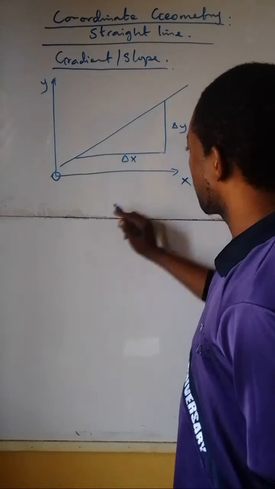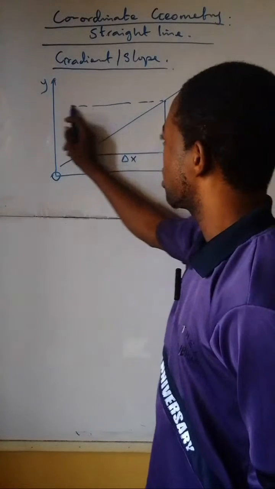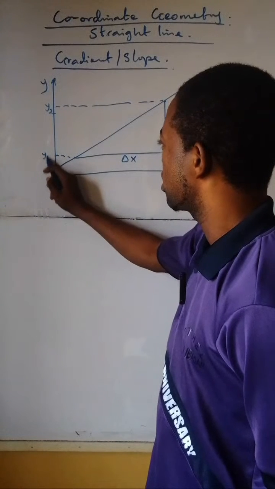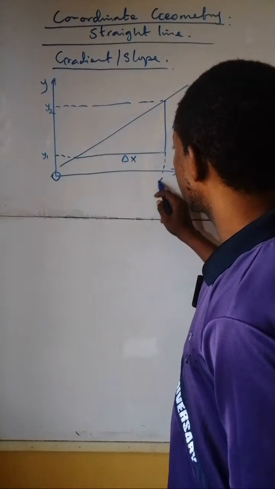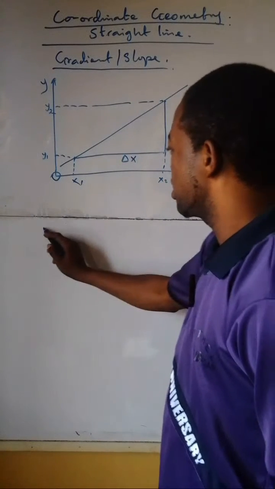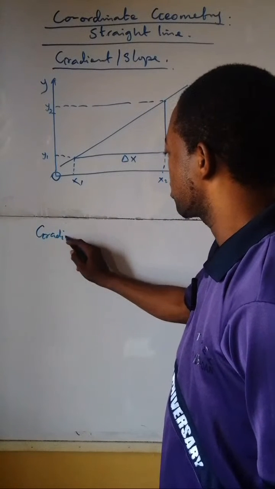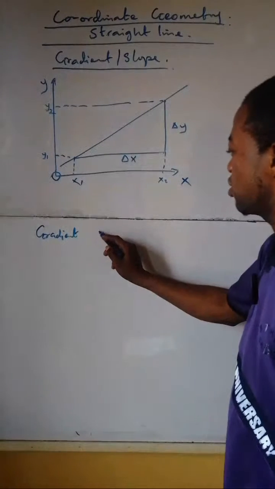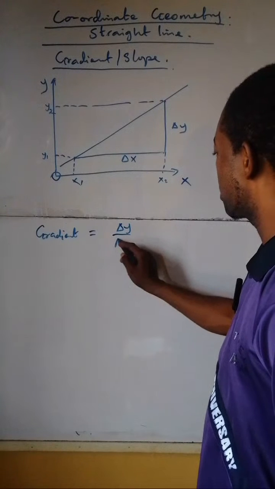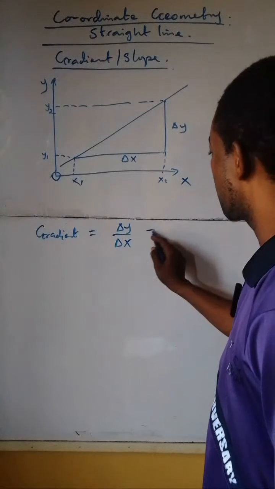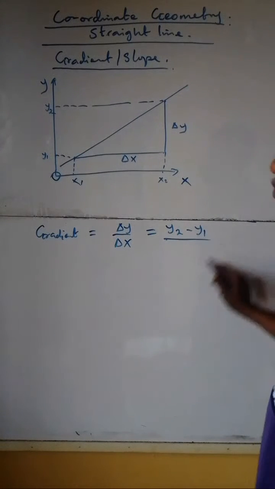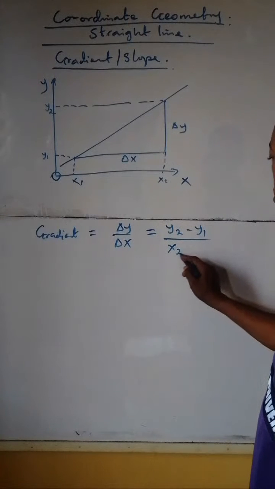That is, when we trace this here, we have the upper value here is y2, and here we have y1, and same thing here we have x2, then we have x1, which implies that the gradient of this line will now be equal to change in y over change in x, which is also the same thing as y2 minus y1 over x2 minus x1.